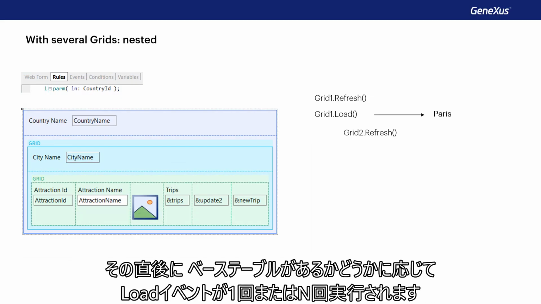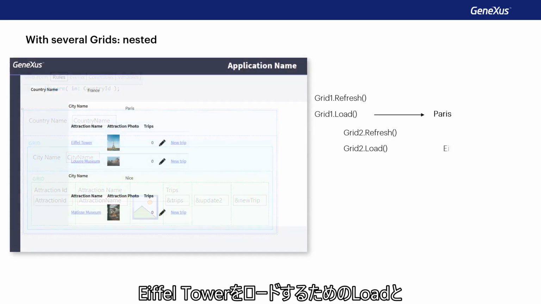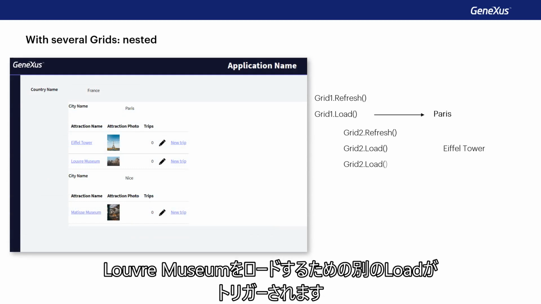And its load event will come immediately after, once or n times, depending on whether it has base table or not. It does have base table in this case, so a load will be triggered to load the Eiffel Tower and another one to load the Louvre Museum.